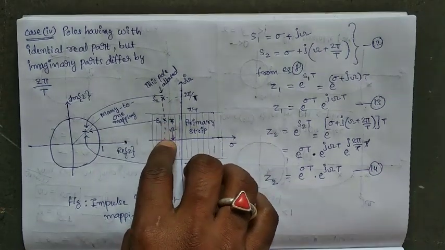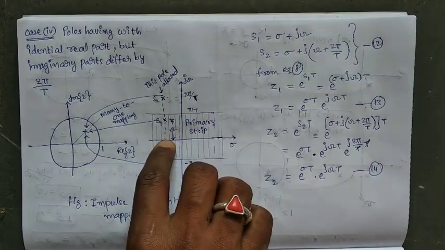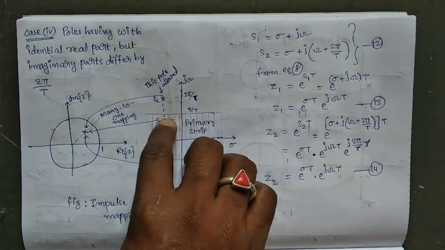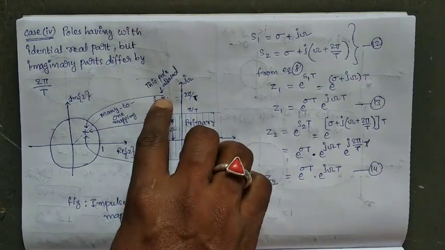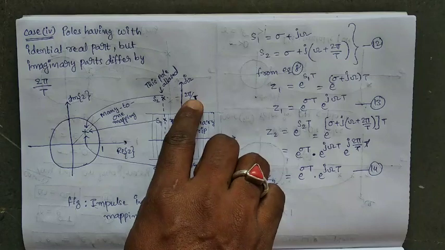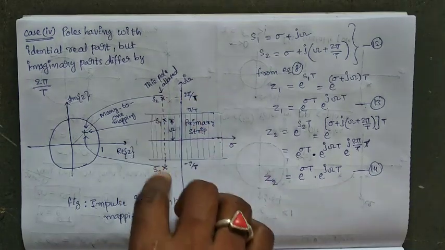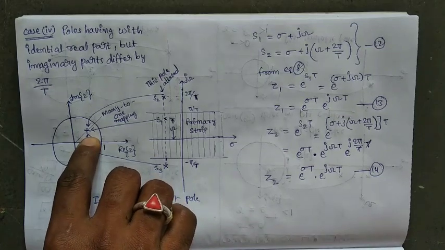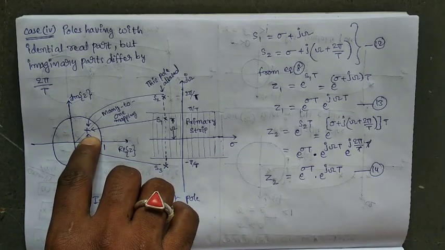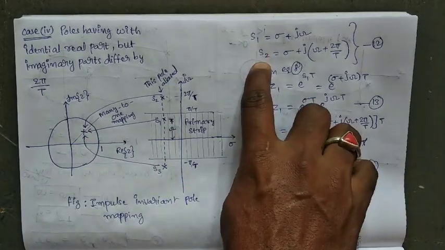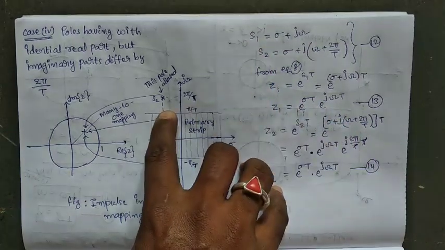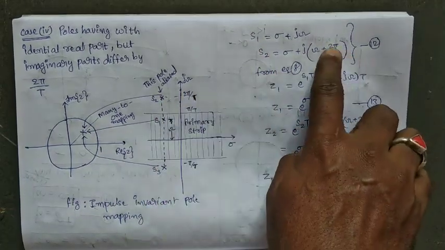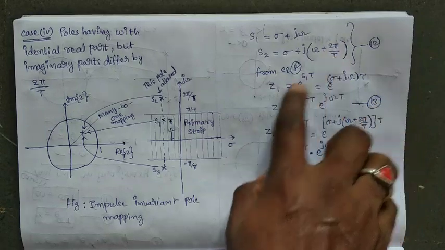Infinite number of poles having the same real part but differing by the imaginary part by 2 pi by T are mapped into a single pole in the Z plane. These are the two poles in the S plane differing by imaginary part 2 pi by T.